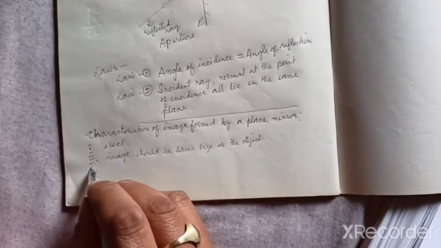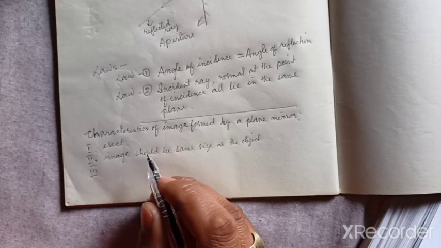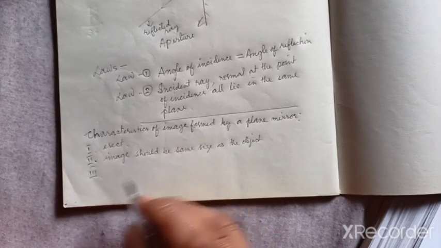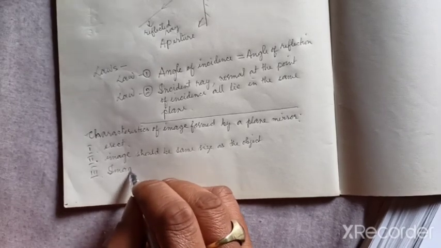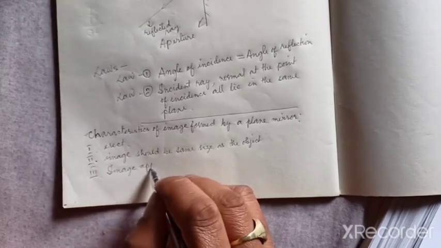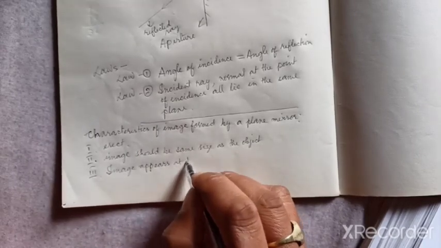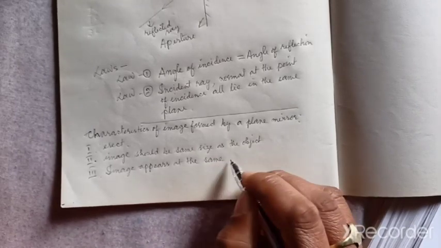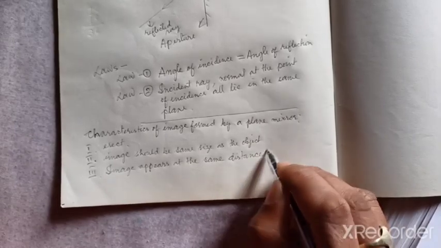And point number 3, the image appears at the same distance behind the mirror.